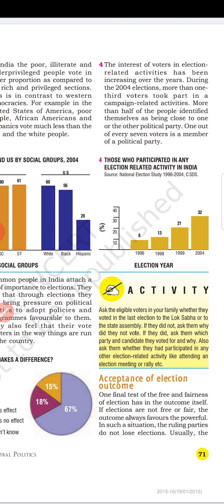So in one or another way, some of the people are directly or indirectly related with the political parties. So what we are saying here is that over the period of time, as the Indian democracy is getting matured, the people's faith in democracy and the electoral process is increasing.